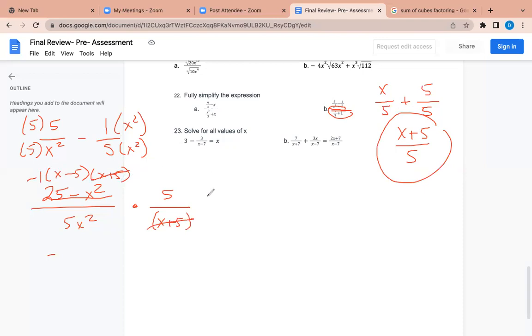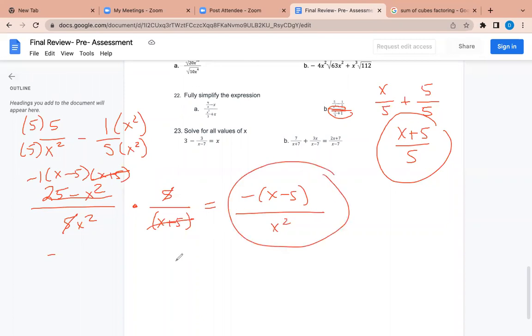And so I think that's all we could do. Actually, we can cancel out the 5s here. So it's going to be negative 1 all over x squared. That's your final answer.